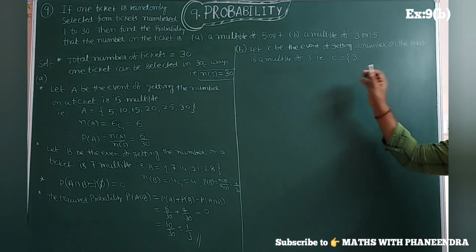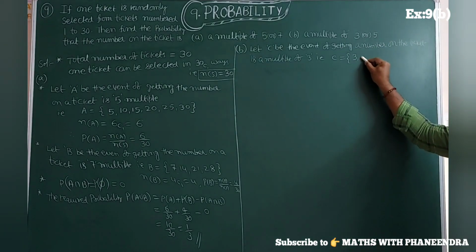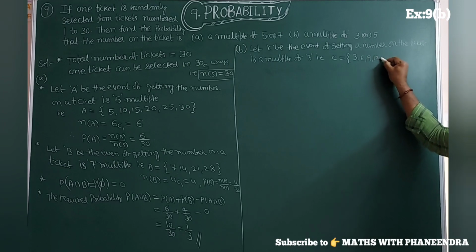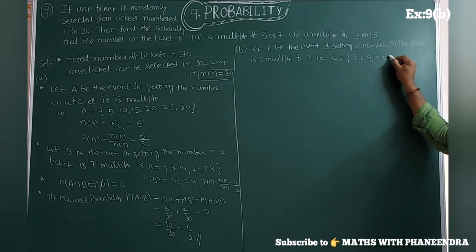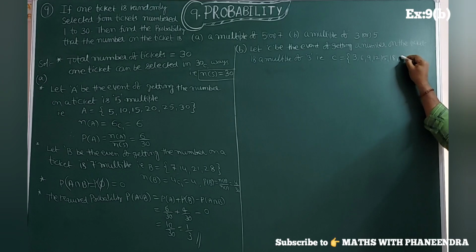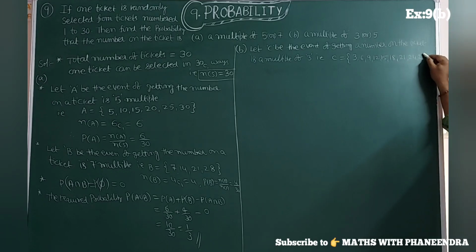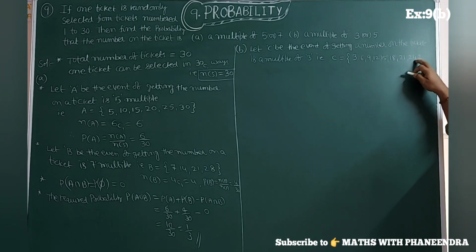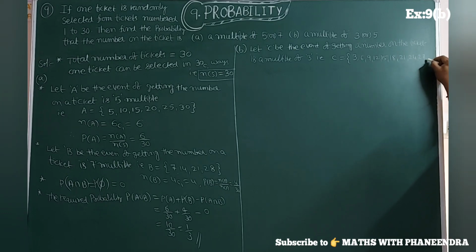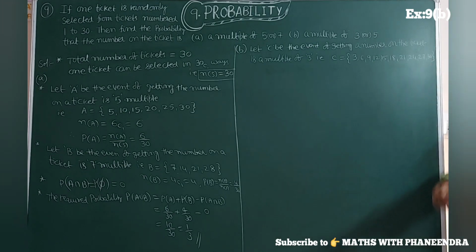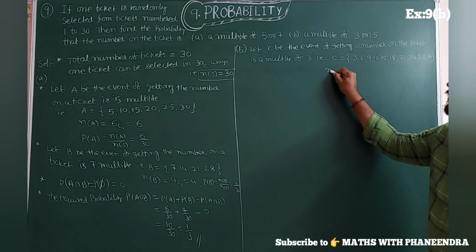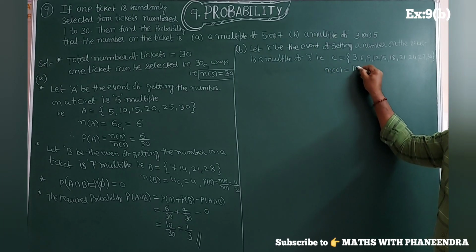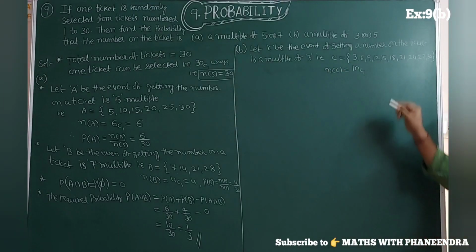So 3, 6, 9, 12, 15, 18, next 21, 24, 27, 30. Out of these numbers, one number can be selected in n of C, 10 numbers are there, 10C1, that is equal to 10. So 10 numbers are there.